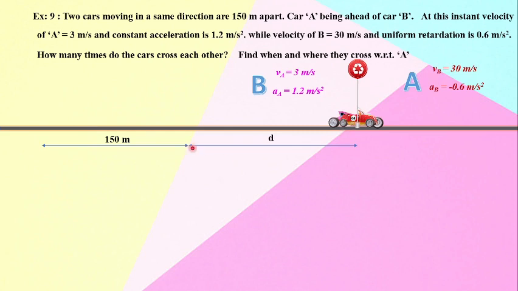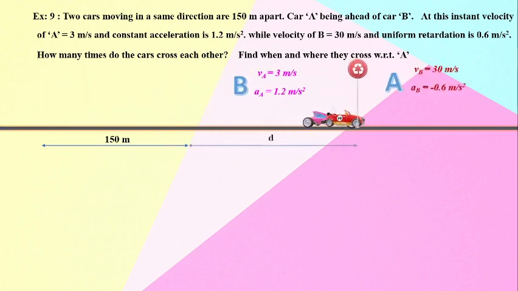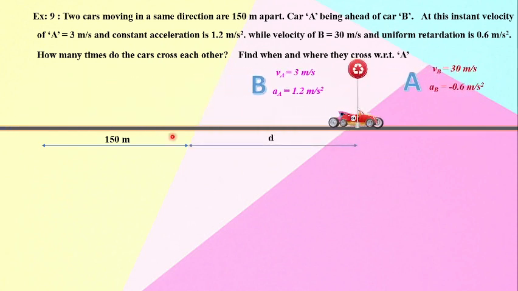Is it okay? Which is at a distance of D, measured from point A. You can see here, from point A, the distance traveled where they will overtake each other is equal to D, right?